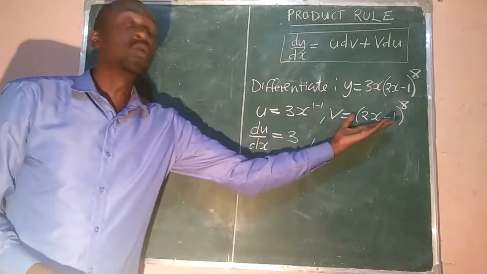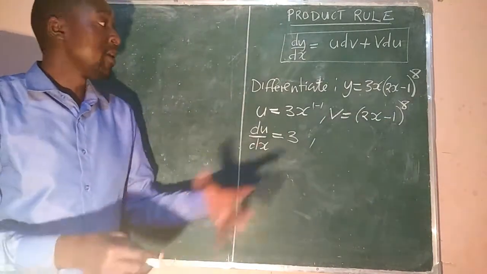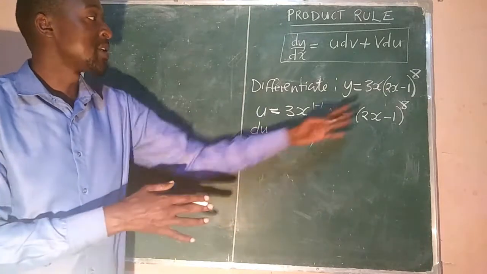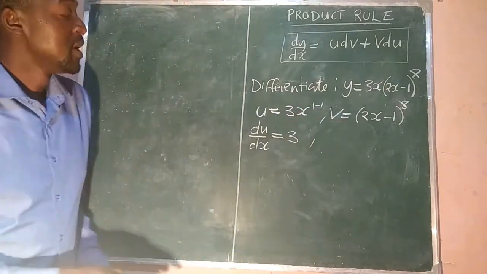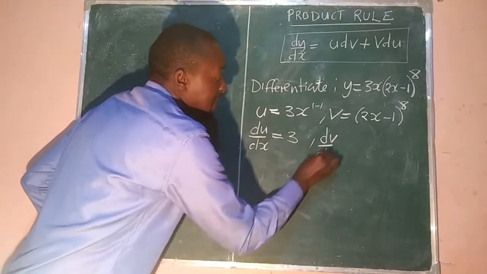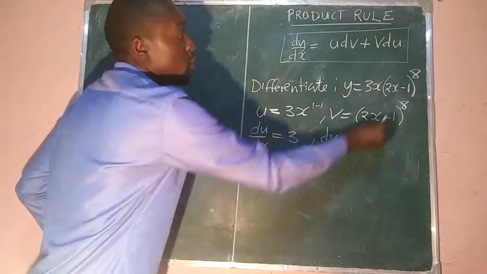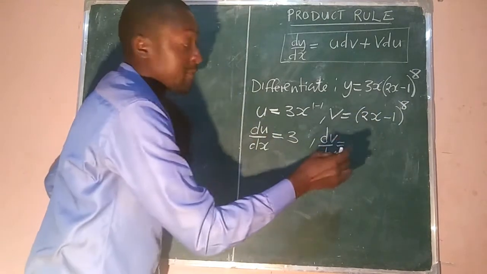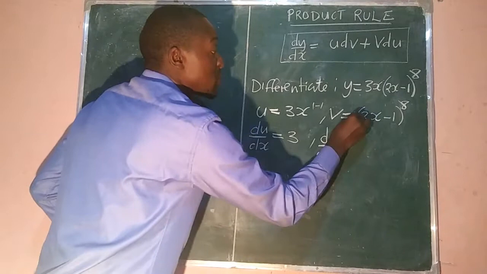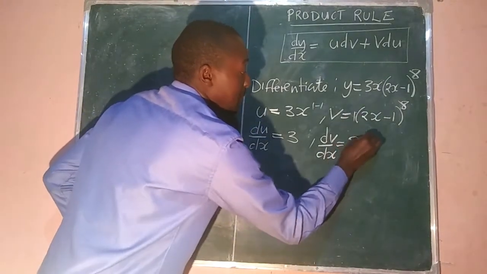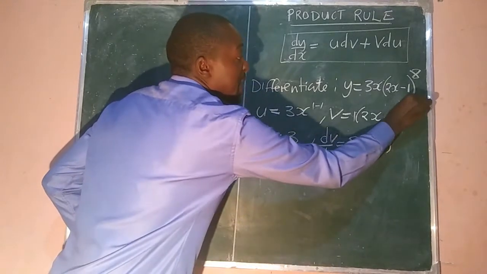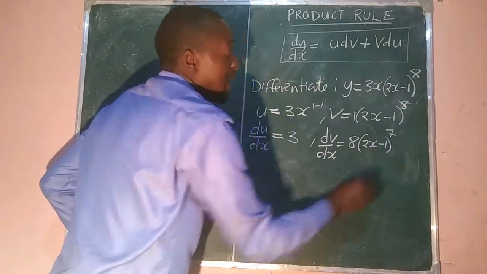Here you are supposed to use the chain rule. Of course, I'm going to use a shortcut, but the chain rule has been covered in the other videos, so you'll be able to find it. So our dv/dx will be found by dropping the power, which is the shortcut for the chain rule. You have 8 times 1, so 8(2x minus 1), then you subtract a 1 from the power to get 7.